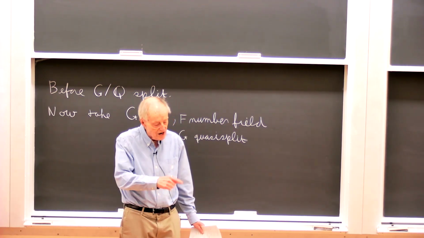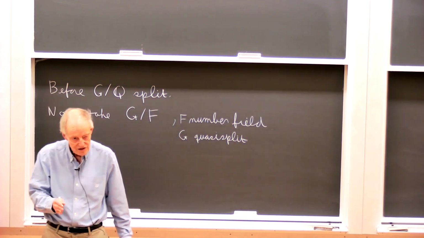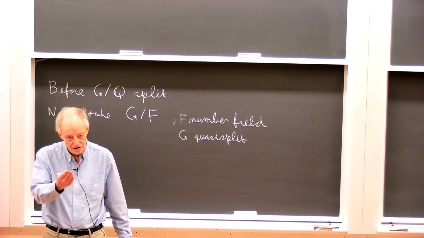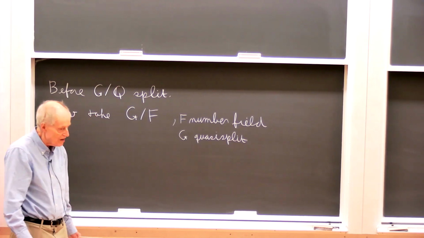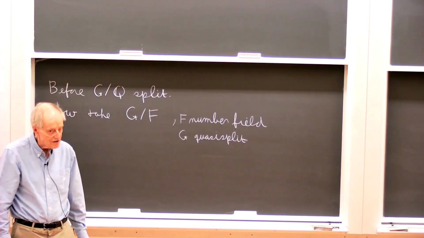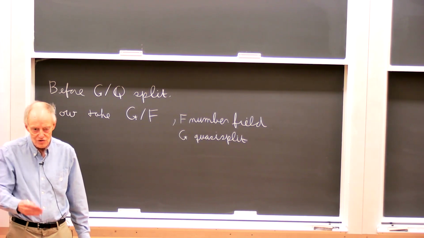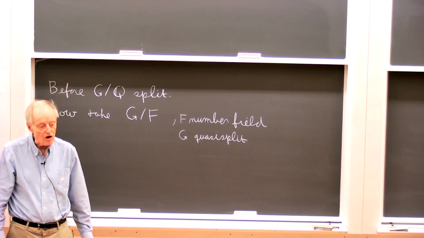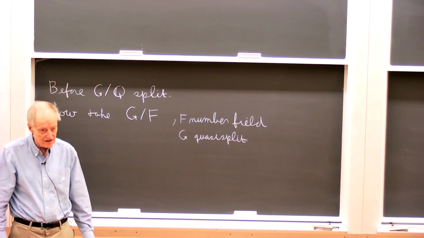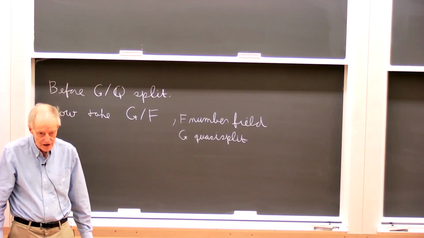In general, the minimal parabolic subgroup has a Levi component that is non-abelian. Or another way to say it is that it has an abelian Levi subgroup. That's right.